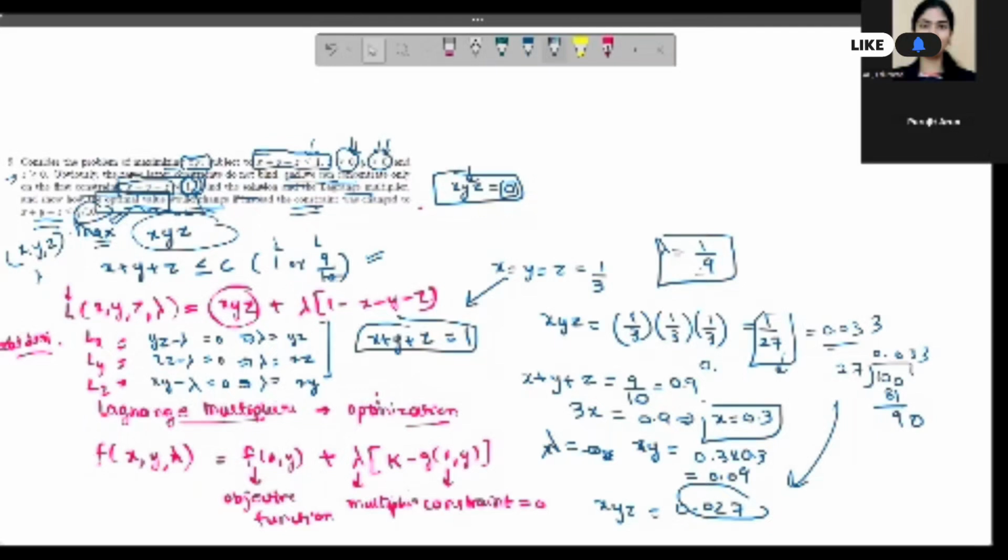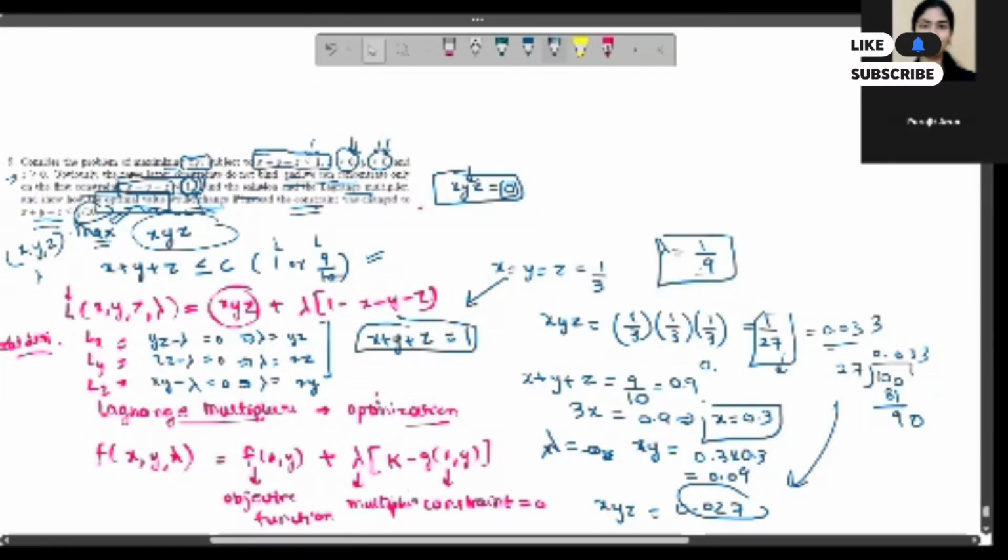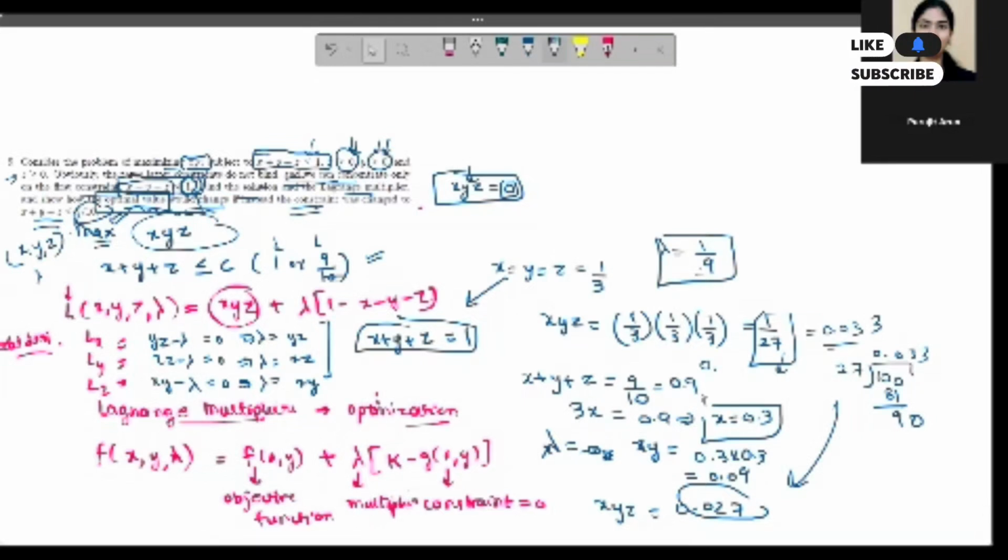Yes, if we decrease the constant C from 1 to 9 by 10, the optimal value also decreases. Is this fine? Yes, ma'am. Perfect. When we reduce a constraint, the optimum value reduces as well.